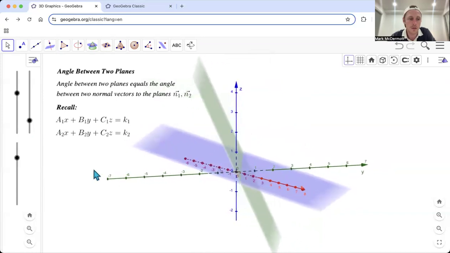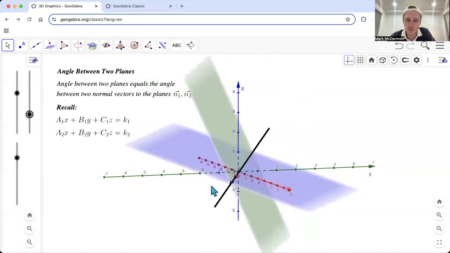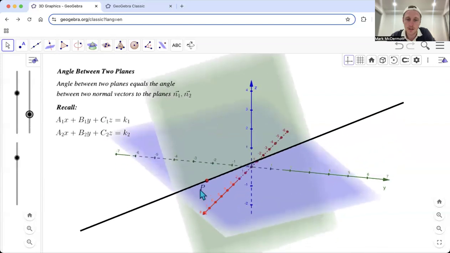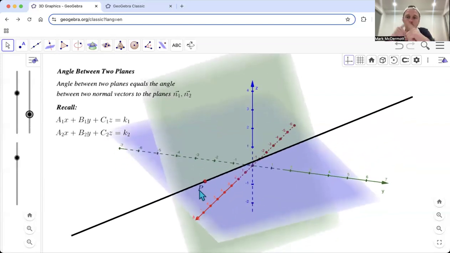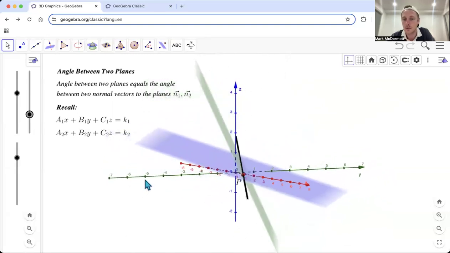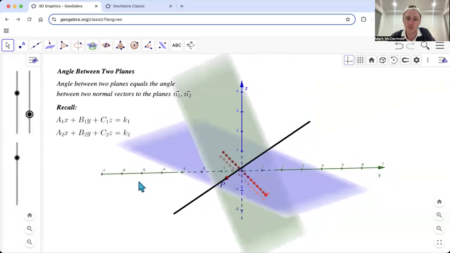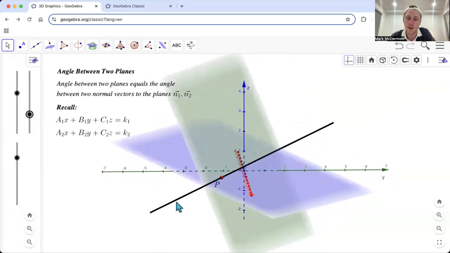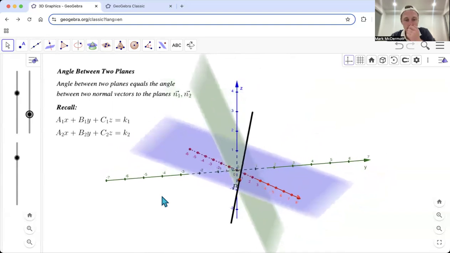Firstly, let's say this. In two-dimensional space, if two lines intersect, they intersect at one point. In three-dimensional space, if two planes intersect, I think you would agree that they would intersect on some line. So what we have here is the line on which those two planes intersect.